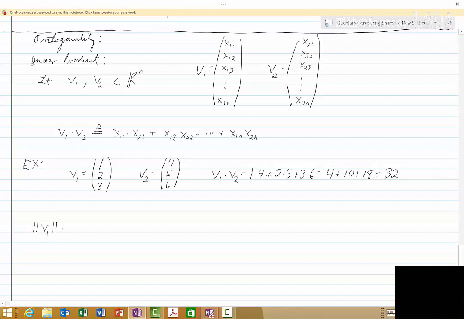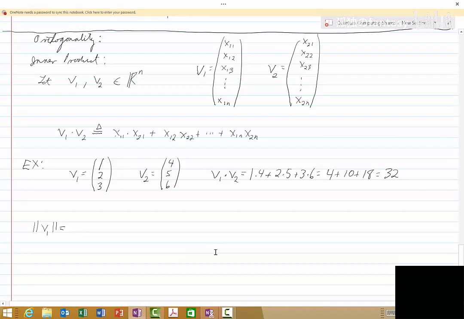The length, this symbol, now in some books you'll see just one bar, rather than these double bars used on each side. But I like to use 2 bars to distinguish this from absolute value.